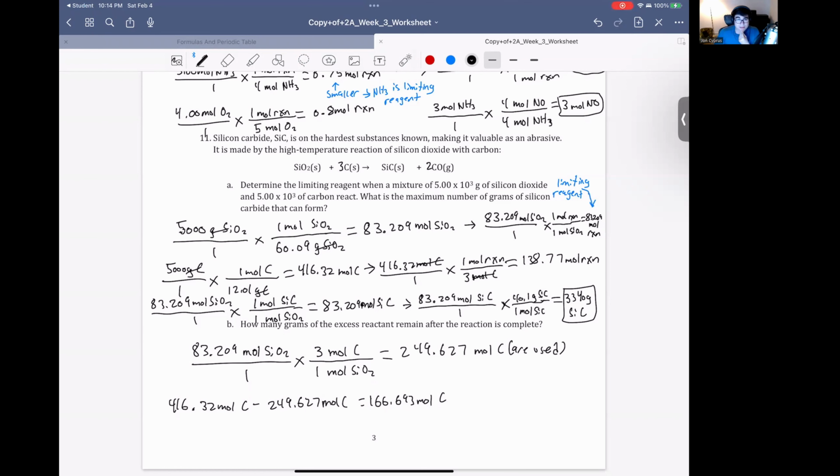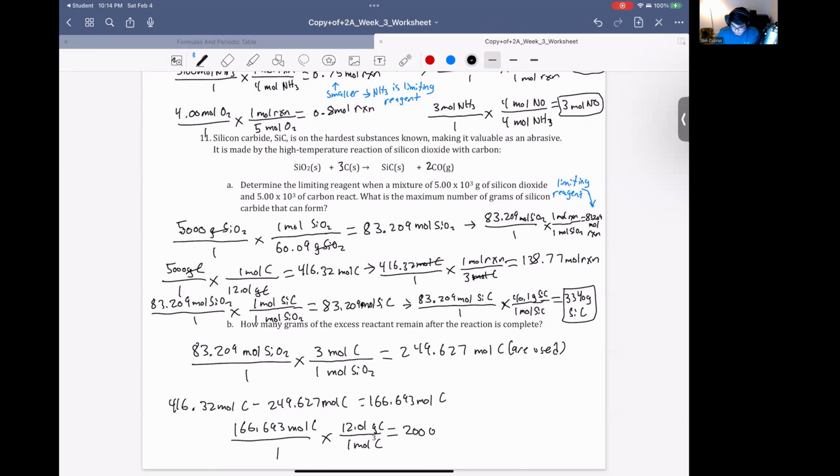All right, so now we have to convert this back into grams. So we have 166.693 moles of carbon. We want this in grams of carbon, right? So we're going to multiply by the molar mass here, 12.01 grams of carbon for every 1 mole of carbon. And we end up getting 2,000. Let's use 3 sig figs here.